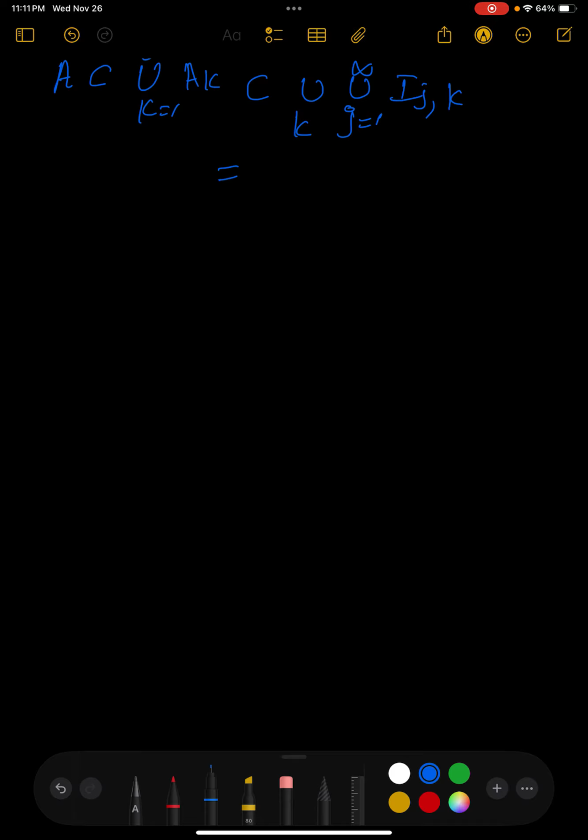Okay, so now since A is contained in the union over k equal to 1 up to infinity, these are countably many Ak, and clearly Ak is contained in the union over j of Ijk, which we can write as the union over k and j of Ijk.